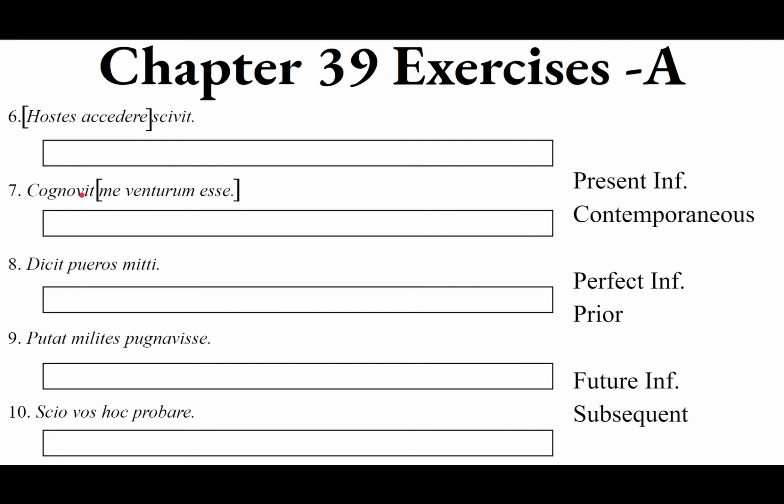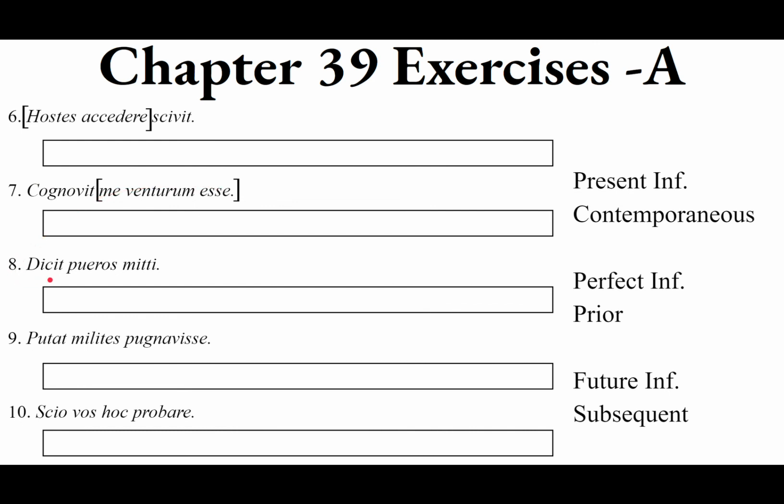So he, she, it has learned that I will come. It is a future infinitive showing a subsequent action to the main introductory head verb. He, she, it has figured out that I will come.